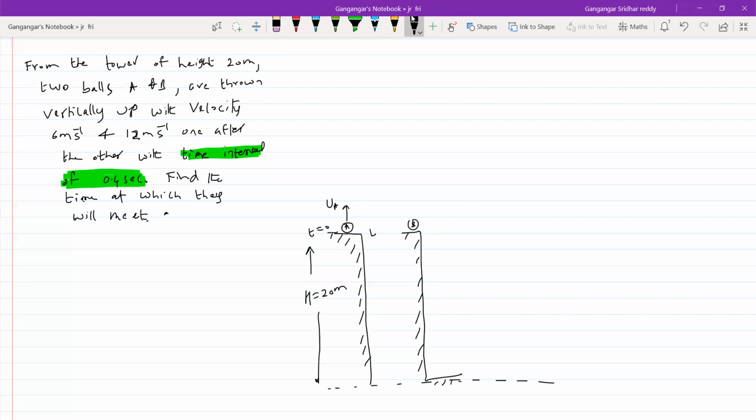So here you write it, say t naught, 0.4. It is projected with a velocity UB.